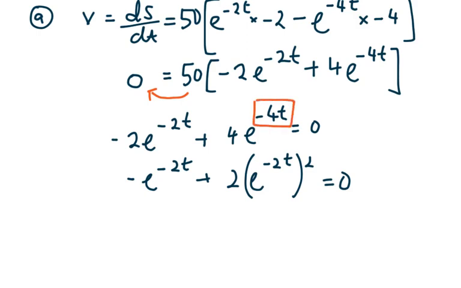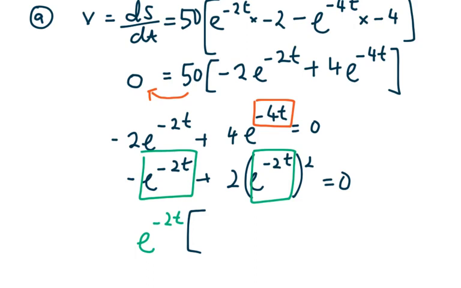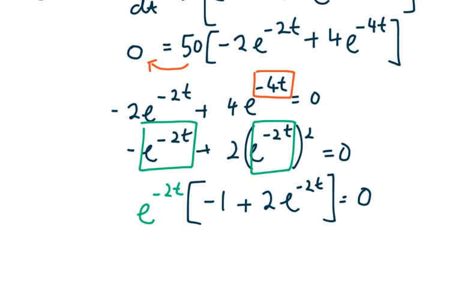As you can see here, now you have a common factor, which is e^(-2t). So factorize the common factor e^(-2t). Let's see what you are getting. Here you will get e^(-2t) times (negative 1 plus 2 e^(-2t)) equals to 0.